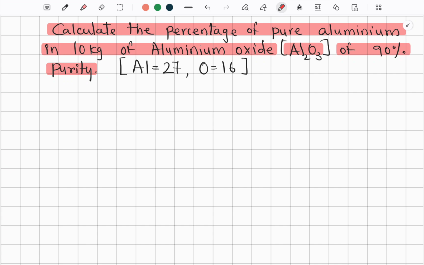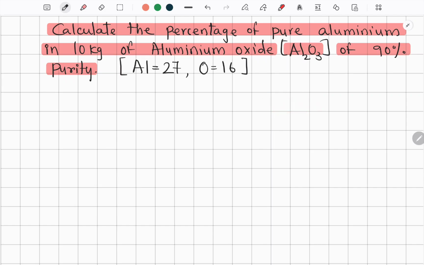That means this 10 kg is not pure Al2O3, it is impure Al2O3. Out of 10 kg, only 9 kg is my Al2O3 and the rest 1 kg is impurity, in which I do not have any interest.